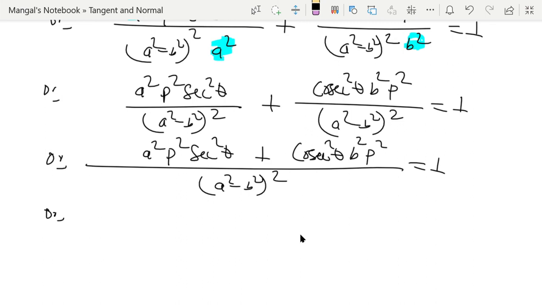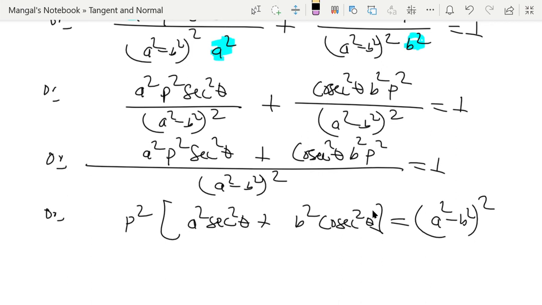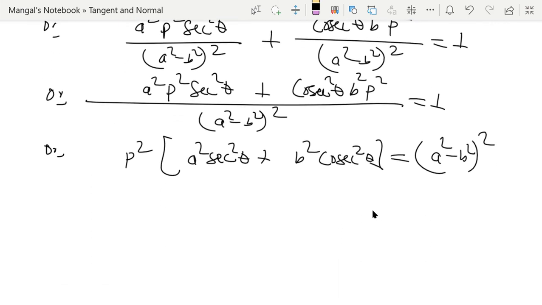And in the numerator, p square can be taken common, so a square sec square theta plus b square cosec square theta, and equal to this denominator a square minus b square whole square, I multiply with 1, so will be a square minus b square whole square on the right side.